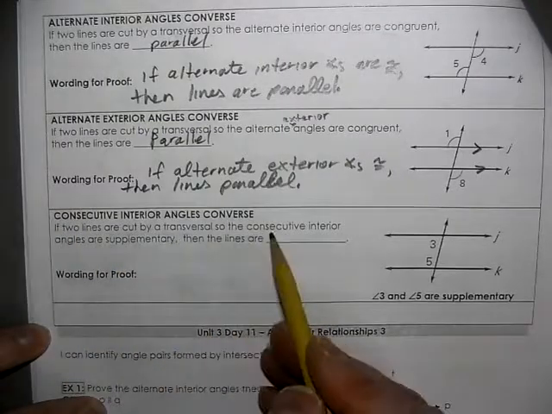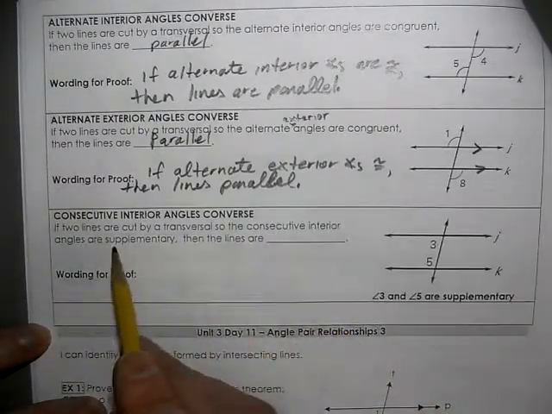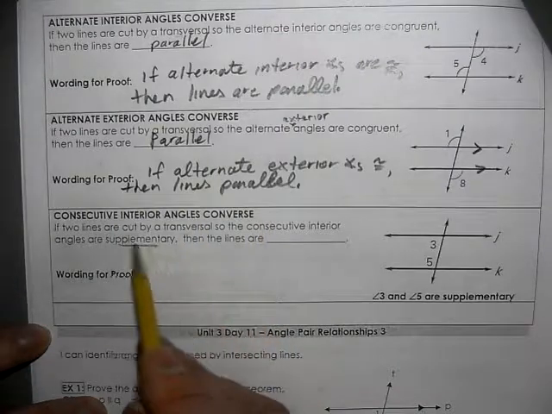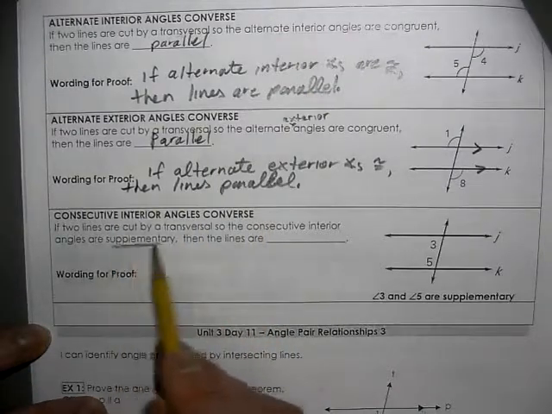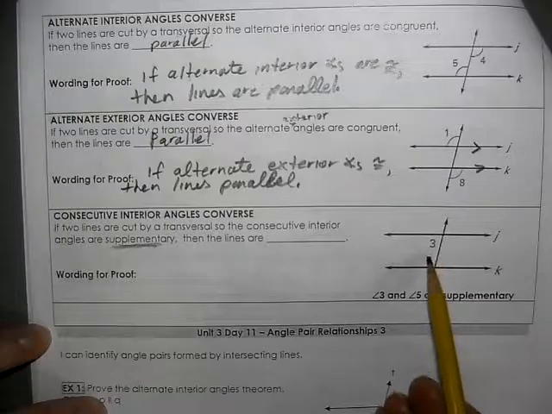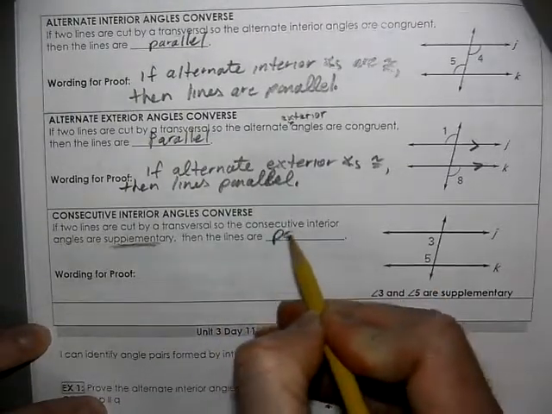If we have a transversal and consecutive interior angles are supplementary, this is the one that's different. This is the supplementary one. These angles have to add up to 180. Then the lines are parallel.